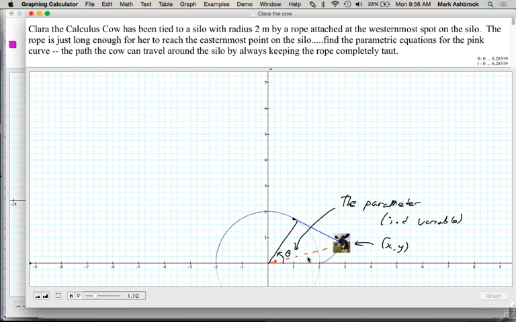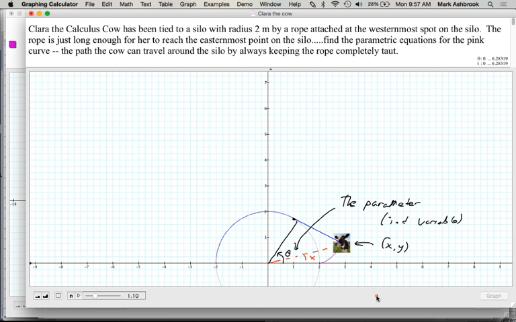It's not this angle. It's the angle to the point where the rope is peeling off. So that's our parameter, our input, our independent variable, and then our parametric function gives us the position of Clara as she's keeping the rope as tight as she can and walks around.